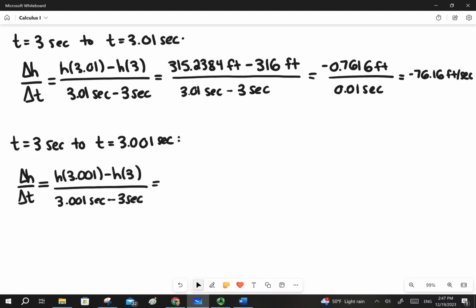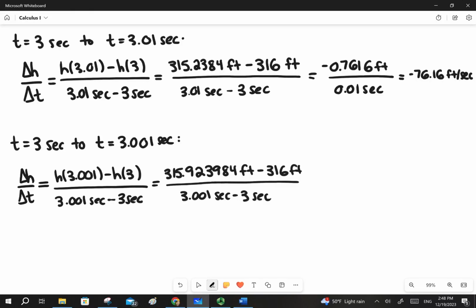This time, we're looking at h of 3.001 minus h of 3 over 3.001 seconds minus 3 seconds, and that equals 315.923984 feet minus 316 feet over 3.001 seconds minus 3 seconds, which is negative 0.07616 feet divided by 0.001 seconds, so negative 76.016 feet per second.